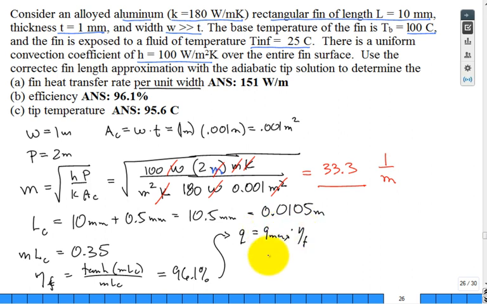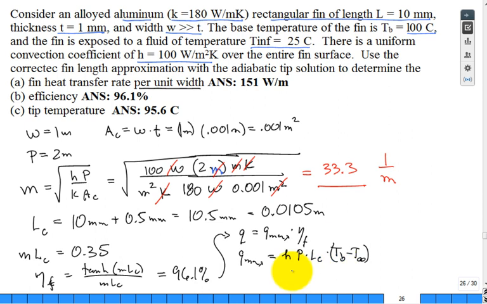What is Q max? It's the maximum as if the entire fin was at the base temperature. Okay, so it's going to be my H times the perimeter times L sub C, isn't that my convective area, times the temperature at the base minus the fluid temperature.